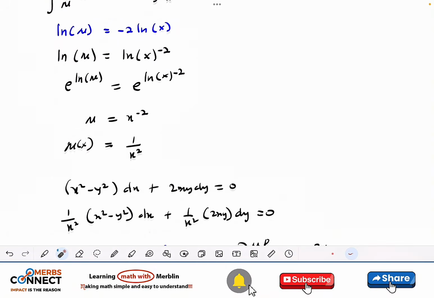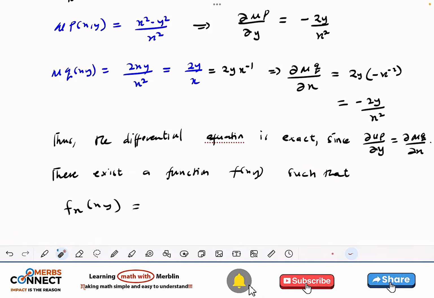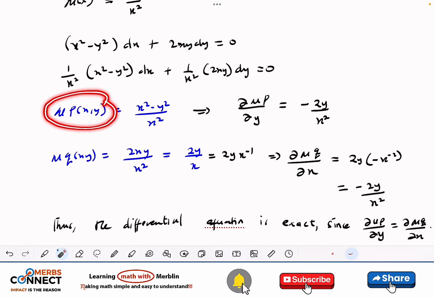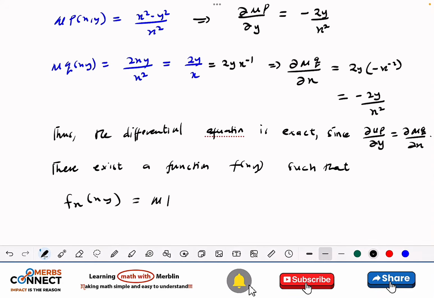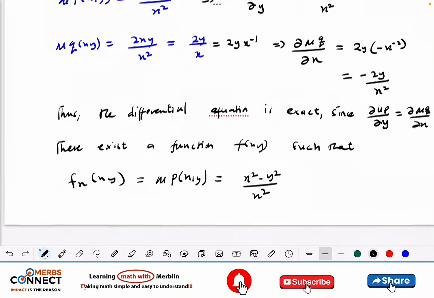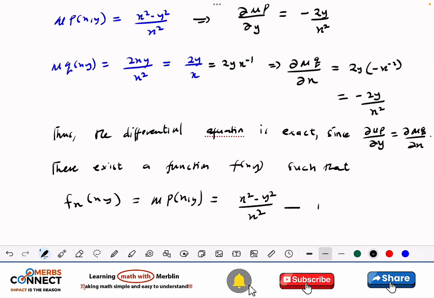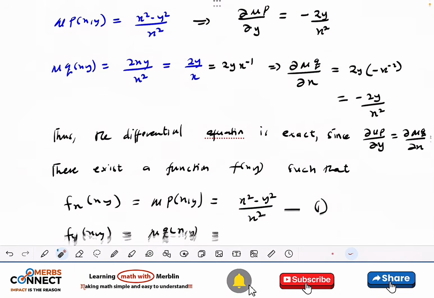Now it's equal to mu of p of xy, right? And this is equal to (x squared minus y squared) divided by x squared. Let me call this equation 1. Then the partial of f with respect to y is equal to mu of q of xy, which is equal to, what is it equal to?